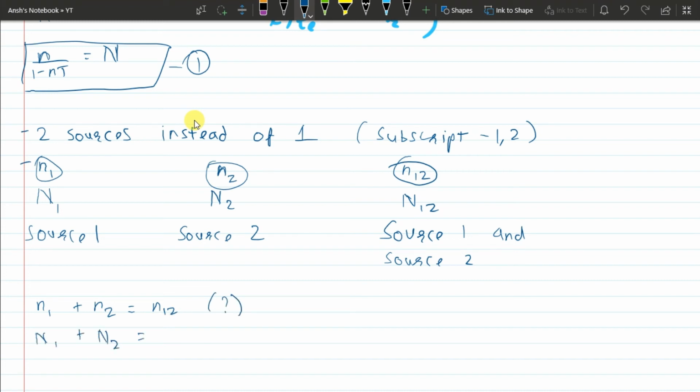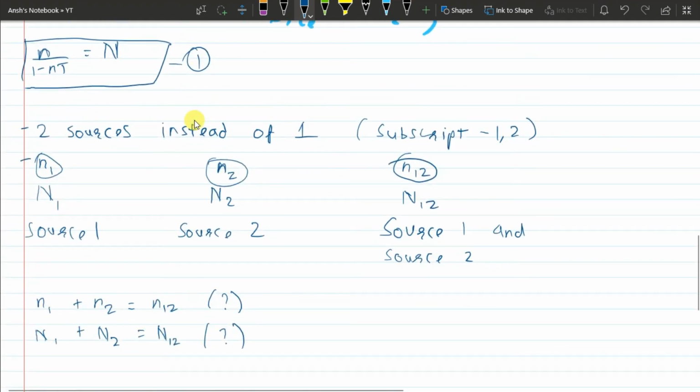Intuitively, we can say when one source is present, we have n1 counting rate. When the second source is present, we have n2 counting rate. So when both the sources are present, we should have n12 counting rate. But we don't know which counting rate we should take for now. So we have these two possible equations to choose from. Now, I'll first disprove the first relation and why that is not true.